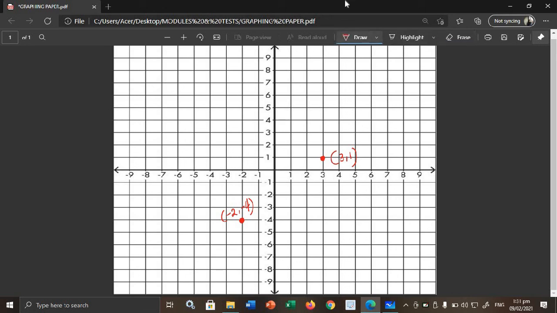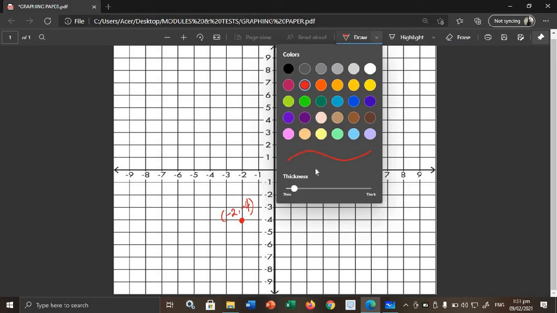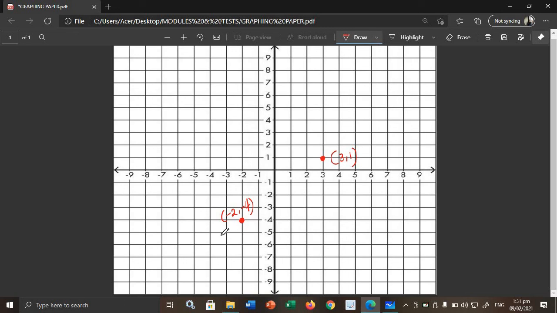So right after plotting the points or the ordered pair, i-connect lang natin yung dalawang point na yan. So it should be a straight line, okay, if you graph it on your papers.